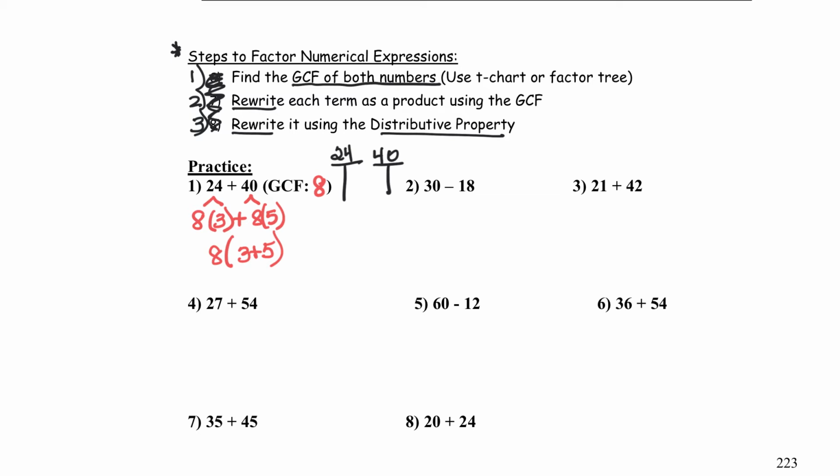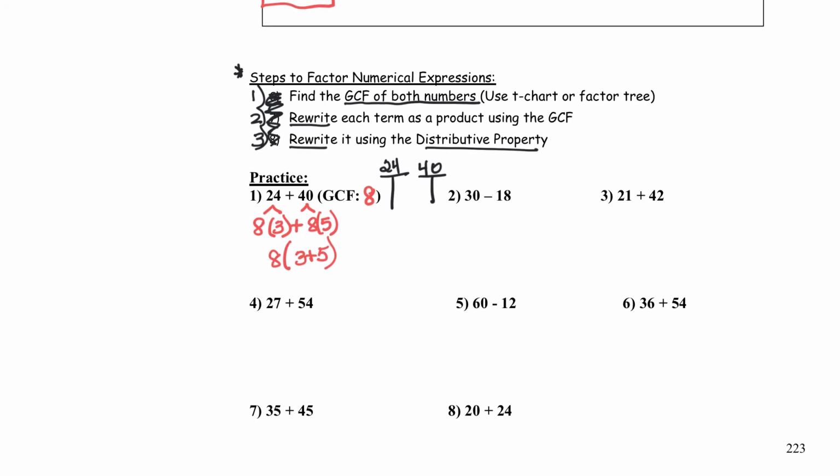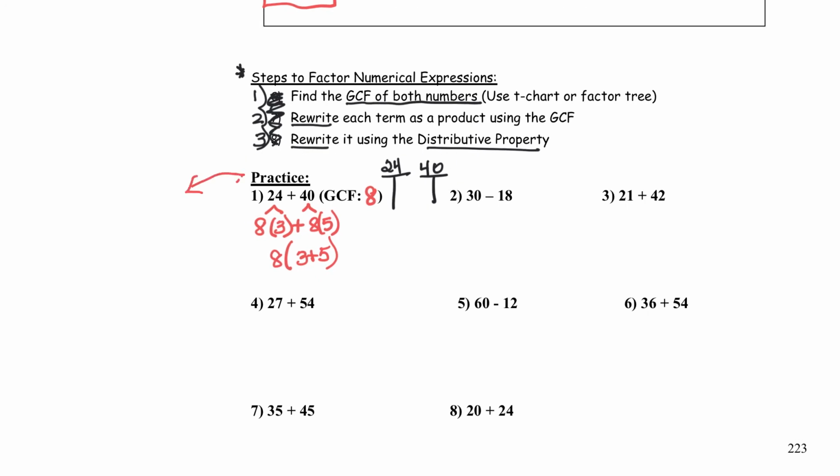There are a number of different ways that I could check that. One way would be to add 24 plus 40, which is equal to 64.